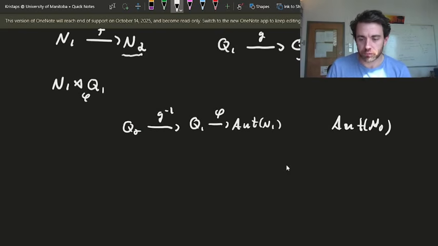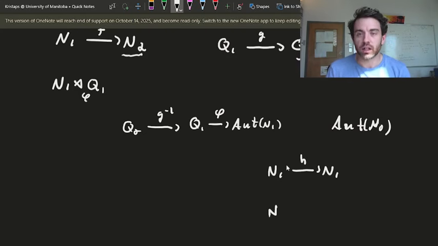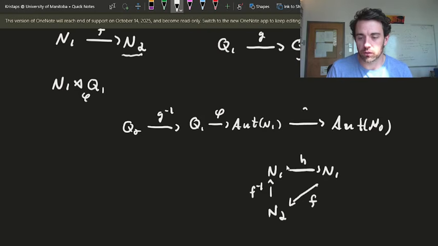Well, if we think about it, I want to construct, let's say I have some automorphism of N1, call it H. How could I turn this into an automorphism of N2? Well, I can go backwards from N2 to N1 by taking F inverse, apply the automorphism H, and then go from N1 to N2 via F. So in other words, it's essentially conjugation by F. So that's what I'm going to mean by F tilde.